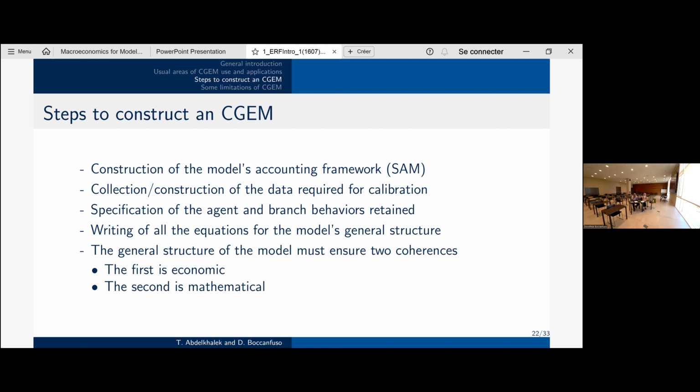And after the construction of the social accounting matrix, we have to specify, this is a microeconomic approach, the agent and branch behavior. In the next part of this session, we will come back to how to specify the behaviors.